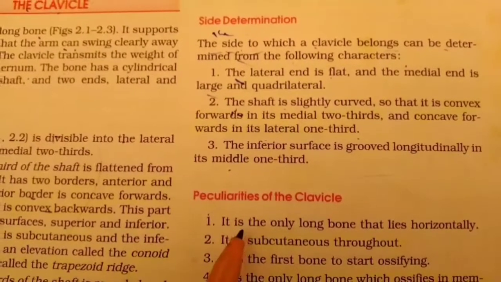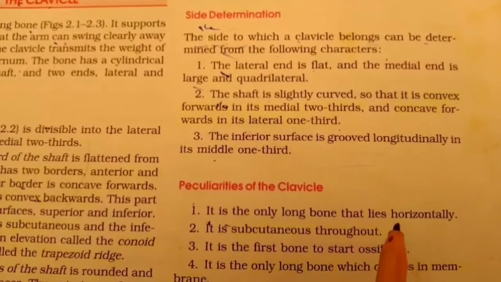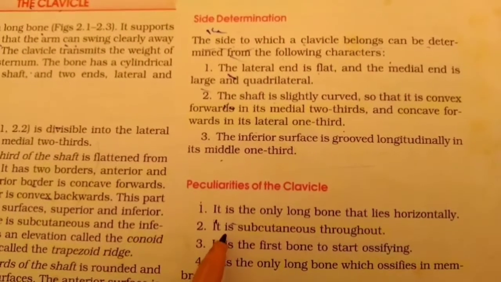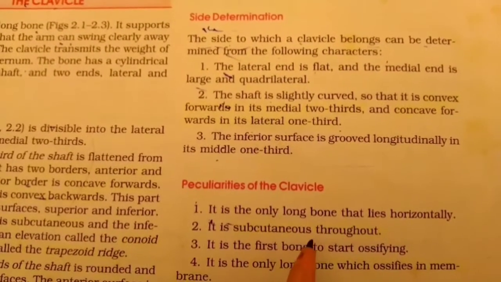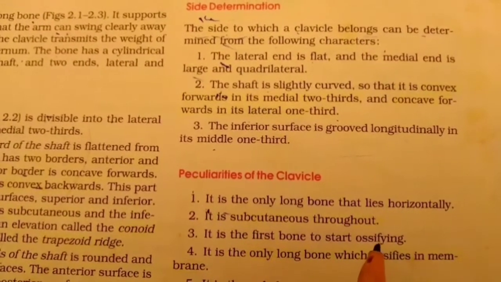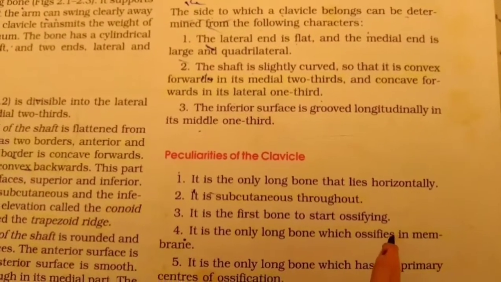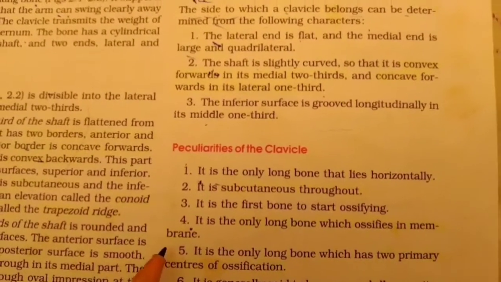Peculiarities of the clavicle. Number 1, it is the only long bone that lies horizontally. Number 2, it is subcutaneous throughout. Number 3, it is the first bone to start ossifying. Number 4, it is the only long bone which ossifies in membrane.